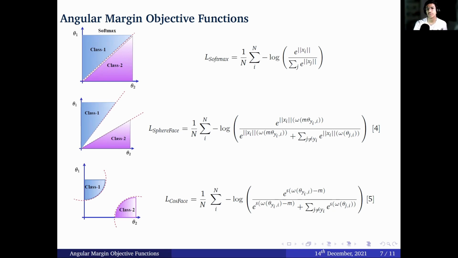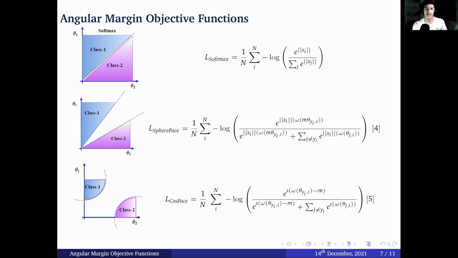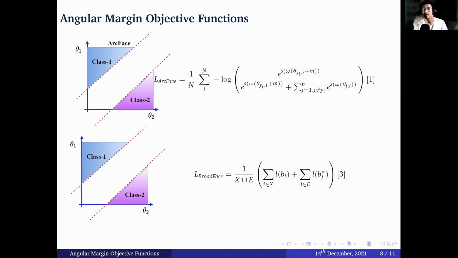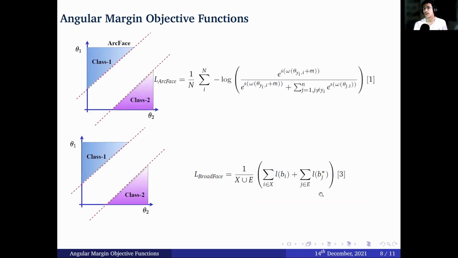The cos phase actually outperforms sphere phase in face recognition tasks, such as on LFW, MegaFace, and all those challenges. Getting to the arc phase, they integrated both the cos phase and the sphere phase, and with that they had huge variations by using the hyperparameter M, which is called a margin.